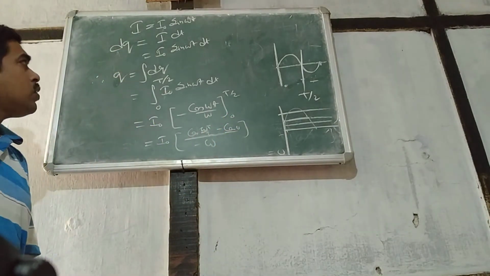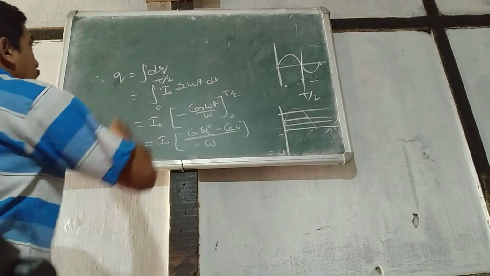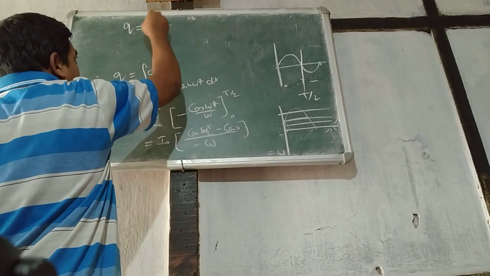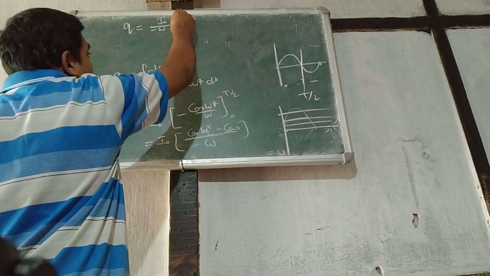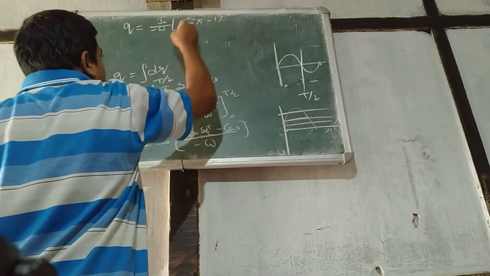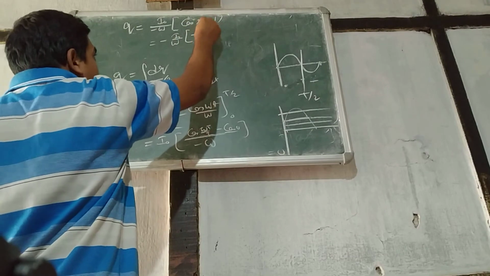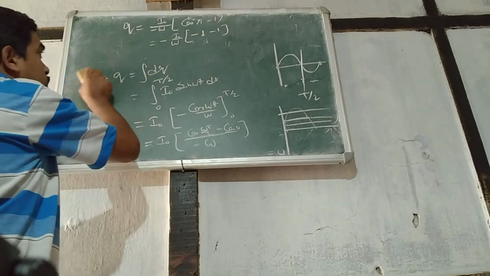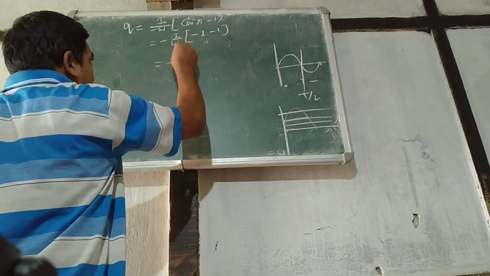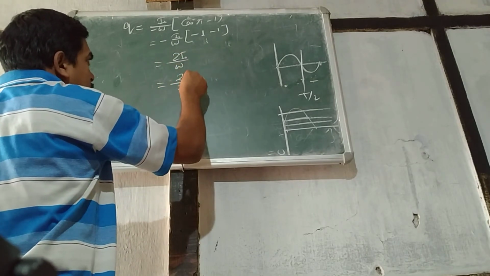So Q equals I naught by minus omega times cos pi minus 1, equal to minus I naught by omega times minus 1 minus 1, which equals 2 I naught by omega. Omega I can write as 2 pi by T.